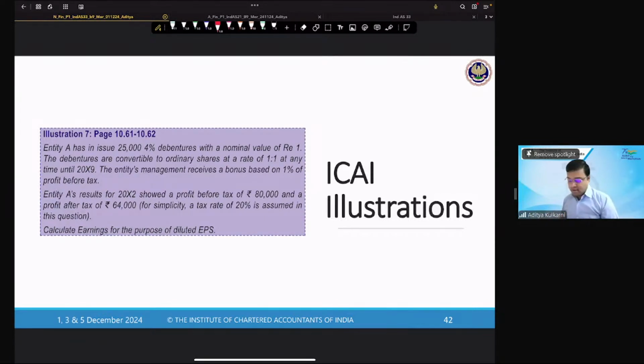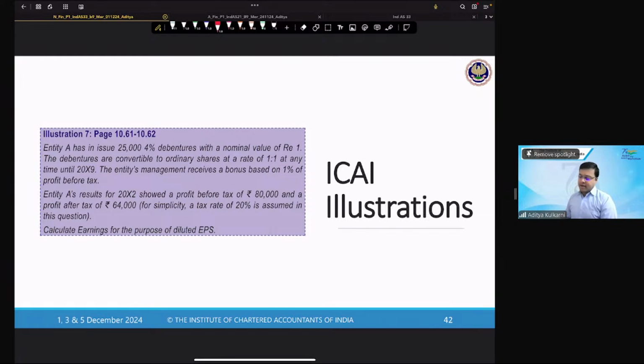All right. Illustration 7: Entity A has in issue 25,000 4% debentures with a nominal value of rupee 1. The debentures are convertible to ordinary shares at a rate of 1:1 at any time until 20x9.